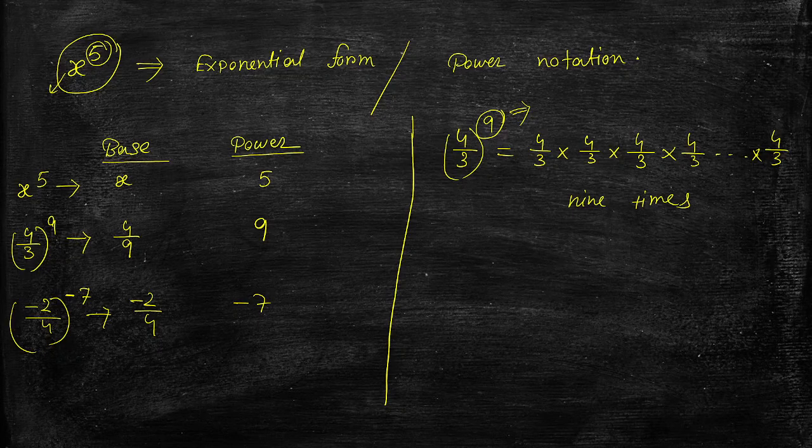But the number of times is equal to what? The mentioned power. Suppose here is x to the power 5. That means x is multiplied 5 times: 3, 4 and 5. Now this thing is called exponential form or power notation, right?